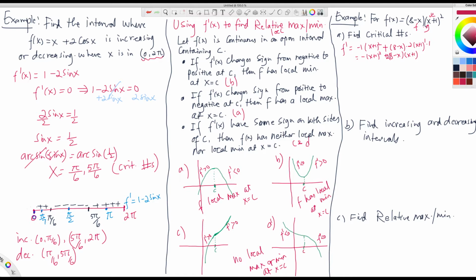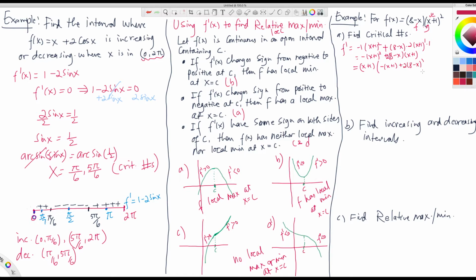Now you need to simplify that. If you simplify, what do you get? Can you factor out x plus 1 from both terms? Let me factor out that x plus 1. What is left is negative (x plus 1) plus 2 times (8 minus x).